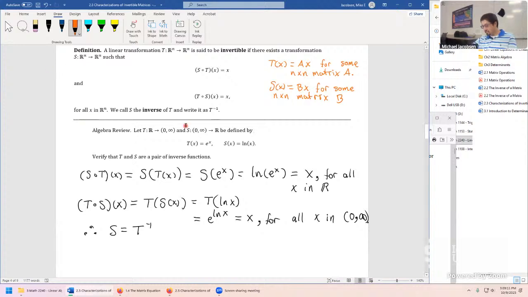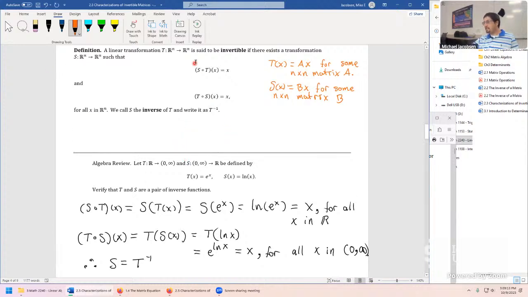And let's extend this down just a little bit. That would mean these equations have a different kind of format. S of T of X is just like in our warm-up problem, still S composed of T composed of X, but T at X is just this matrix multiplication, A times X. This entire A times X is just a vector in Rn, like before.